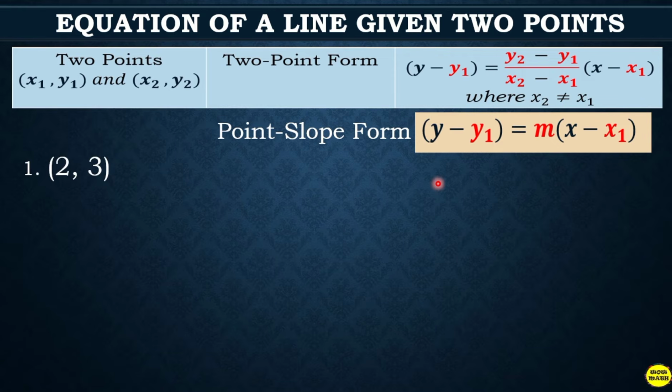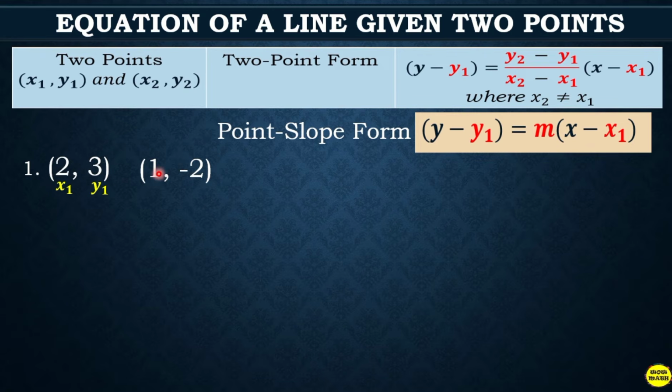So, I have here (2, 3) and then (1, negative 2). Ang una natin gagawin palagi ay mag-label tayo para hindi tayo nalilito. Kung ano yung unang given na point, yun ang ilalabel natin na x sub 1 at y sub 1. Ayan siya. Okay? Lagi po ito si x, ito ang y, because this is your x coordinate and this is your y coordinate.